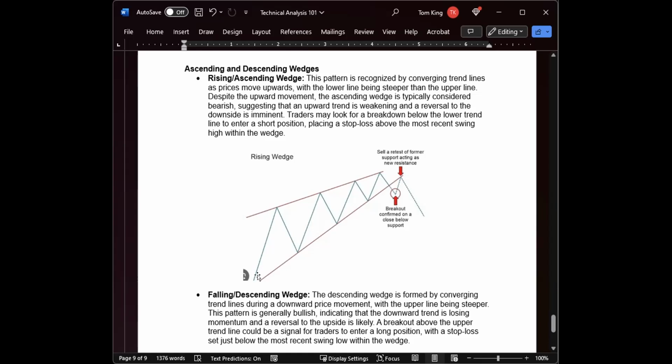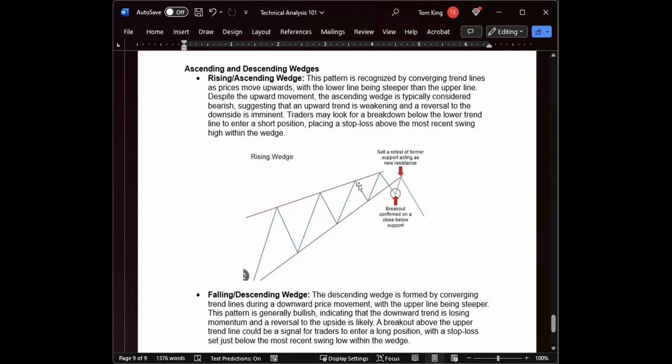So here you can see that bulls are pushing it up, shallower pullback, pushing it up, shallower pullback. So this is a series of higher highs, higher lows, higher highs, higher lows. But each time the higher highs aren't dramatically higher, and the lows are definitely rising.